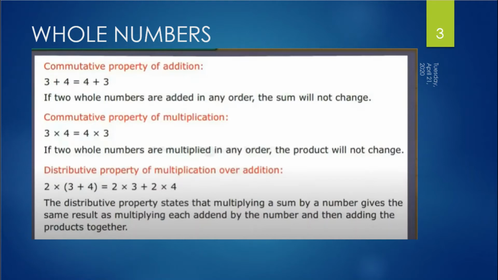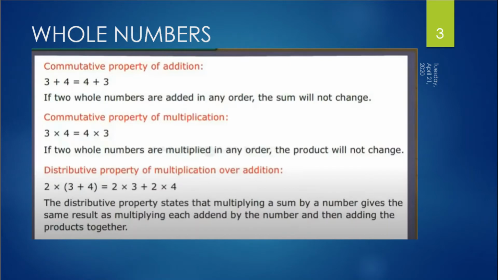Then comes the distributive property of multiplication over addition. The distributive property states that multiplying a sum by a number gives the same result as multiplying each addend by the number and then adding the products together.